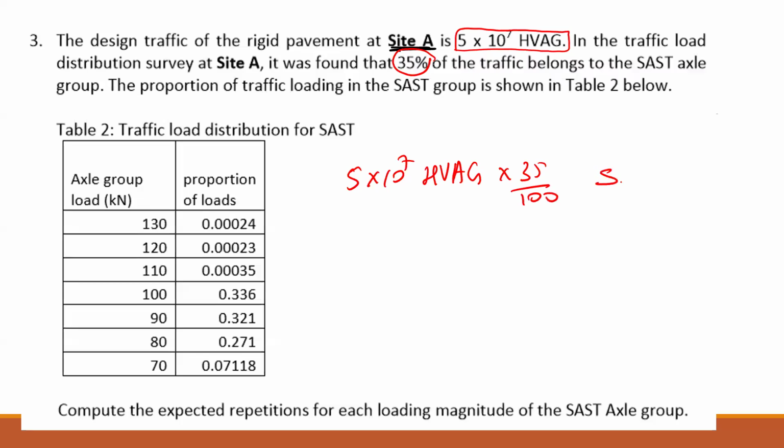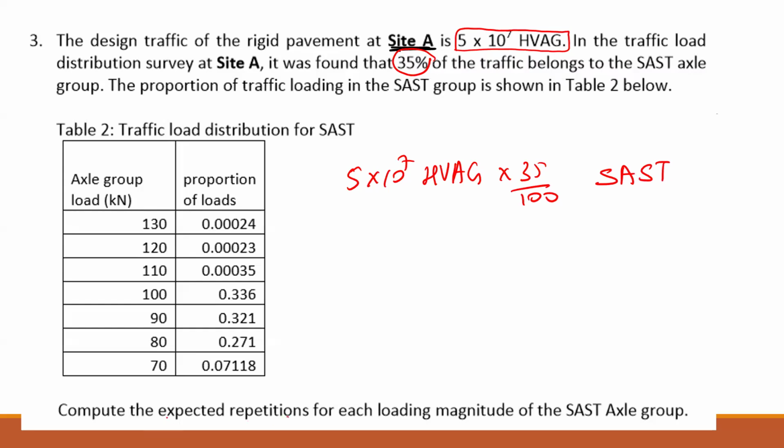Do you understand what they mean? This 5 times 10 to the 7 is all the axle types, SAST, SADT, or everything. But 35% is single axle, single tires. They are asking us to find the expected repetitions.